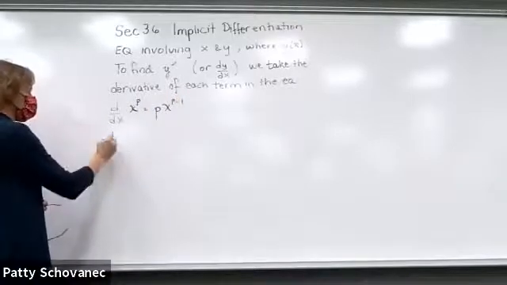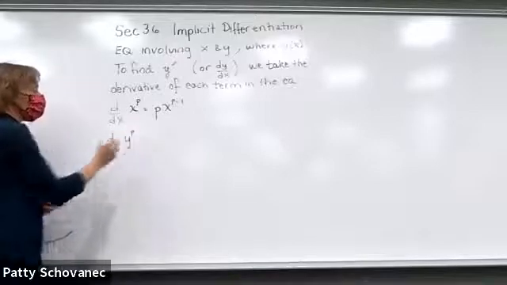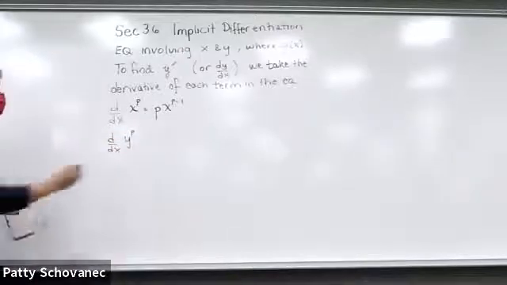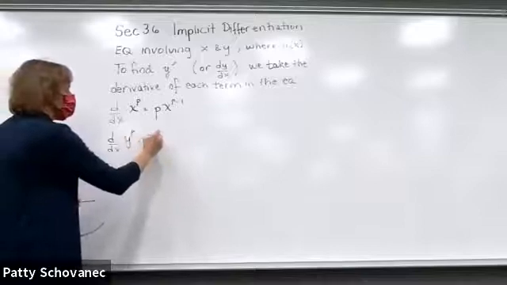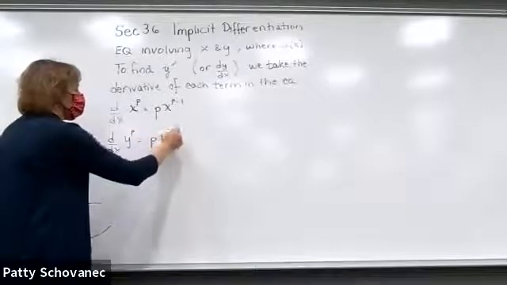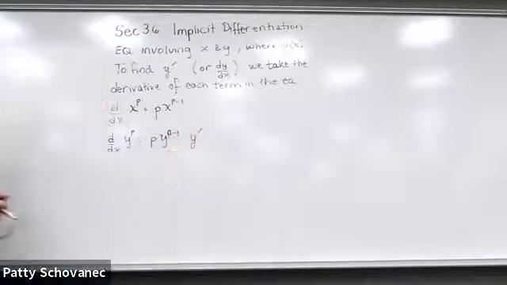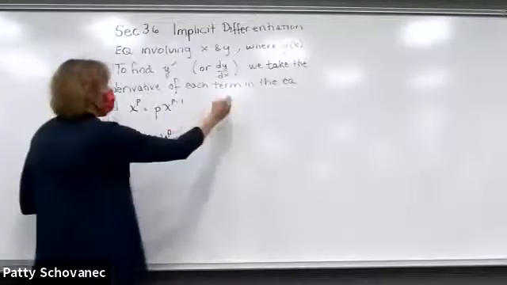But if you were to take the derivative with respect to x of y to a power, now y is a function of x. So you get the ordinary derivative, power, times the derivative of the y, since we've got the chain rule going on there, because y is a function of x.